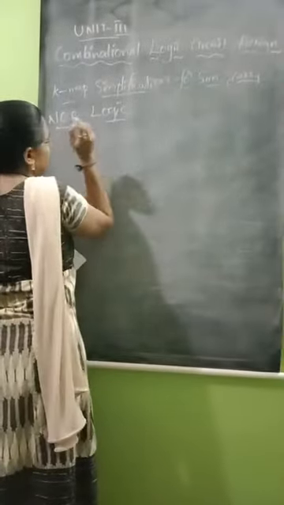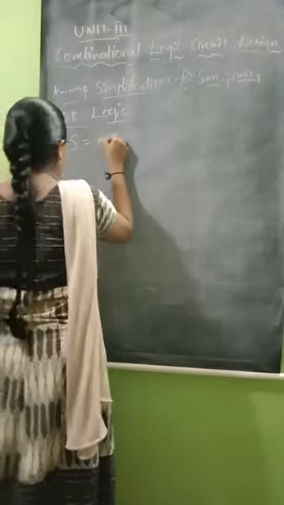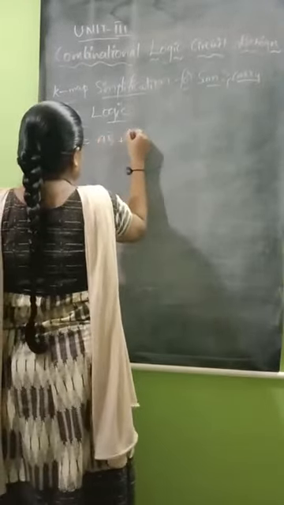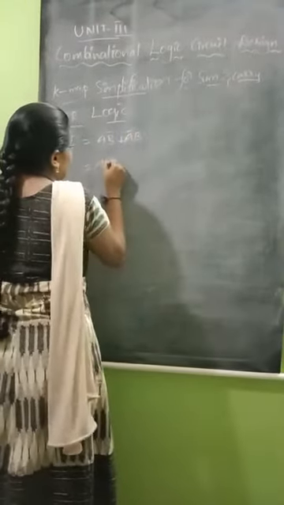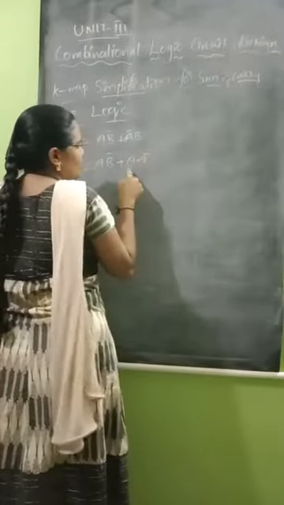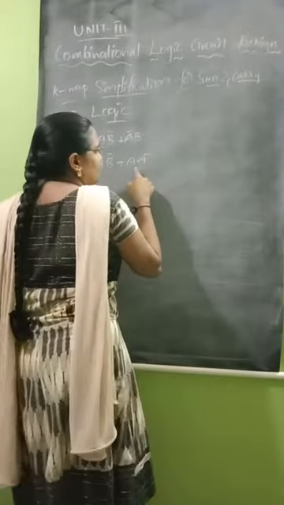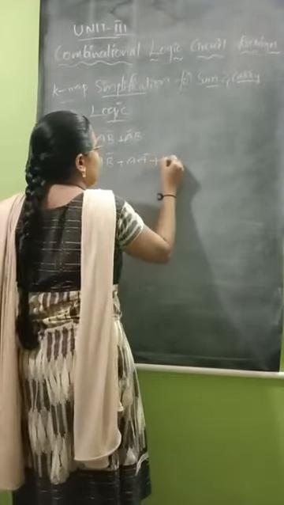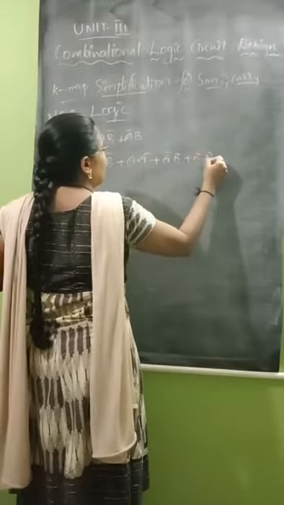In NOR logic, same as the NAND logic, S equals A B bar plus A bar B, and here A B bar plus A into A bar. I already told you A into A bar means 0, and here A bar B plus B into B bar.